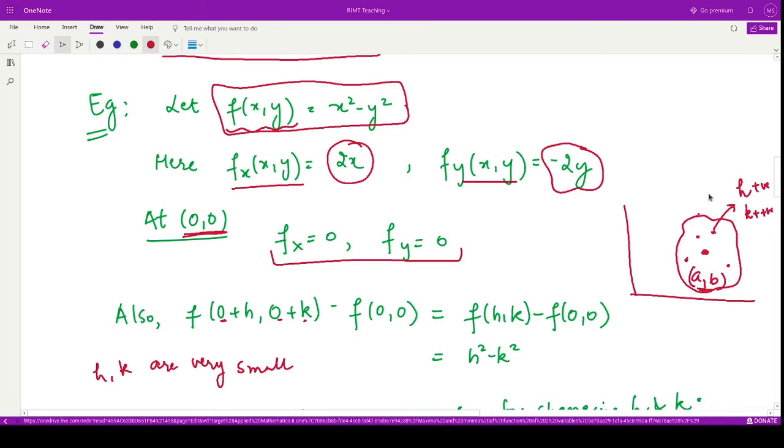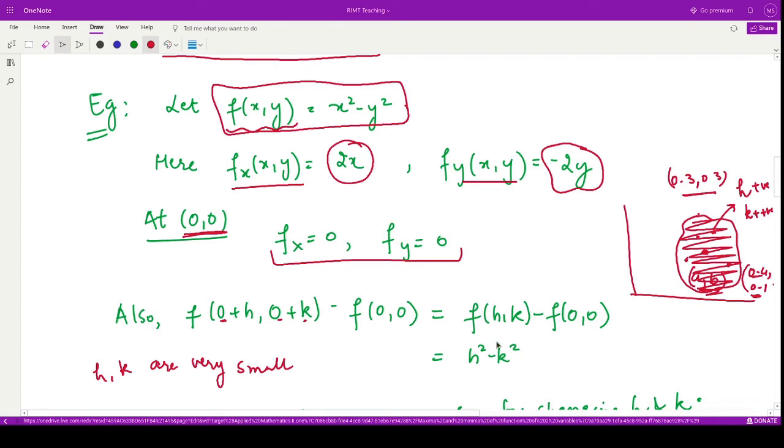Suppose it is 3, 3, but 3 would be very large. Let's take them to be 0.3, 0.3. At this particular point, the value could be 0.4 and 0.1. So you see k and h are changing when you change the location within this particular region.